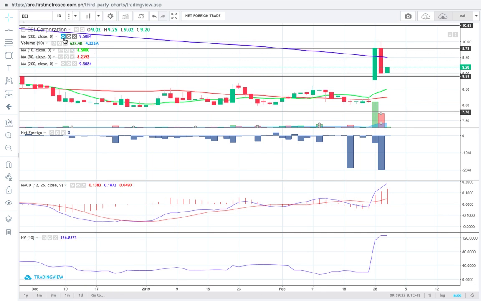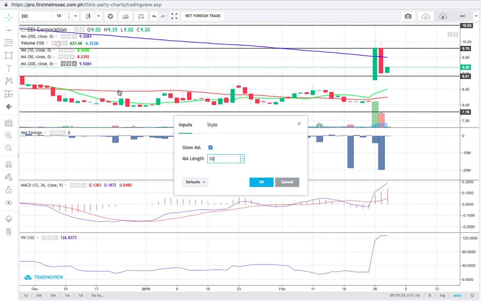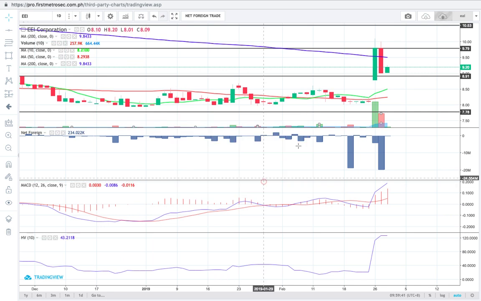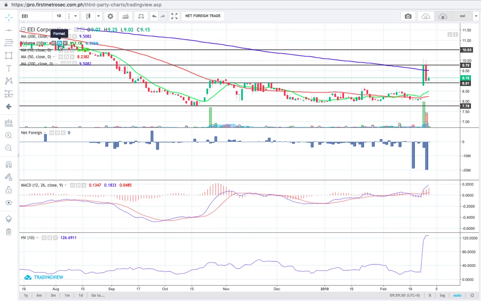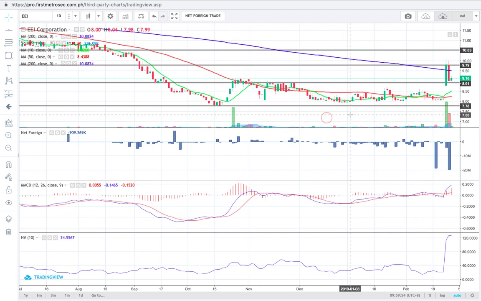How does it look when I uncheck that? Of course, the shadow background will be gone. That's it. Let's check it back. There you go. The default setting is not set to 10 moving average. I think it is originally set at 9, so I put in 10. Perhaps you want to say, JC, why 10? Why not 7?